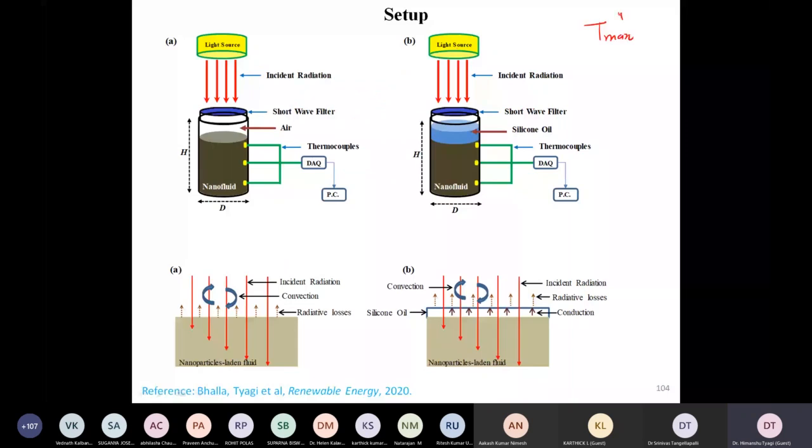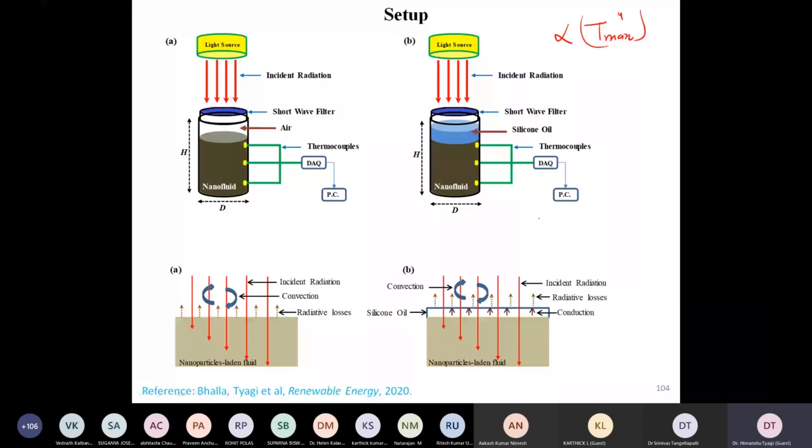So we came up with a new concept, proposed by my own PhD student who has since graduated. He came up with the concept of putting a layer of silicone oil on top of it. Of course, this works only under this stagnation condition, but I think there can be some geometries under which, under flowing conditions also, we may be able to optimize the design and show a similar result.